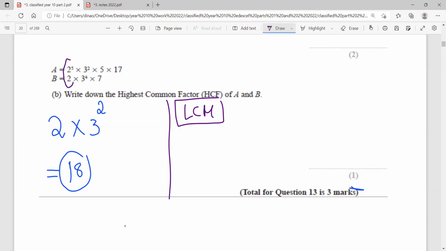First, you look at the common factors. For the LCM, I select the common factor with the higher power.